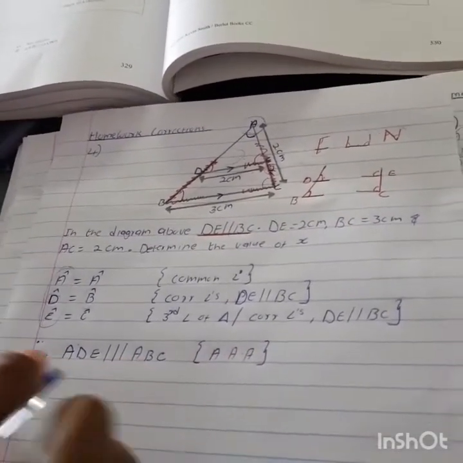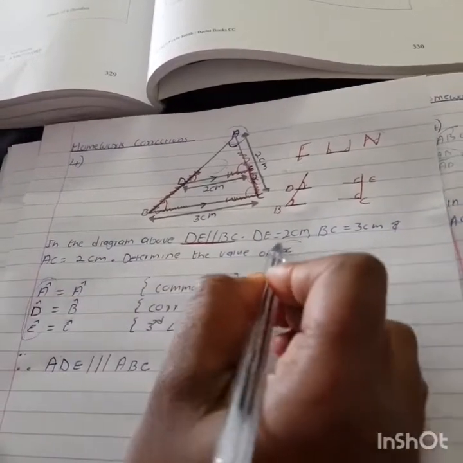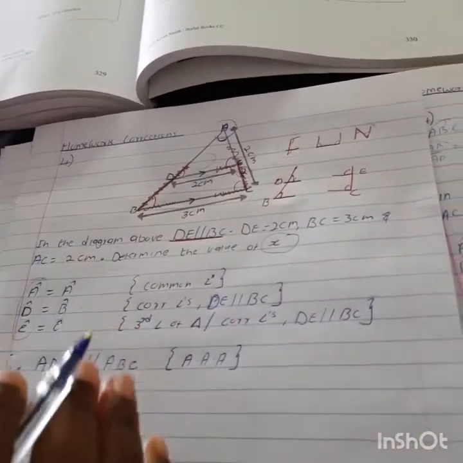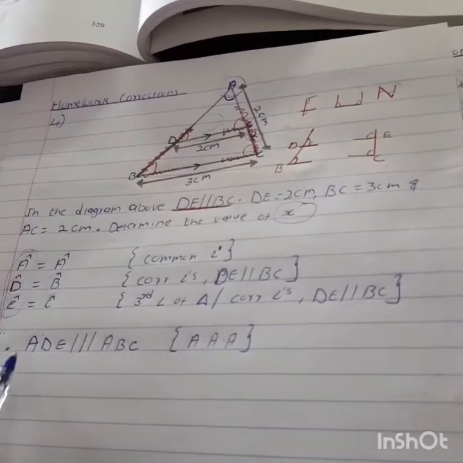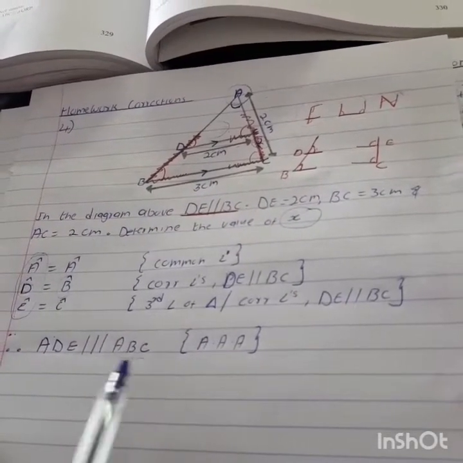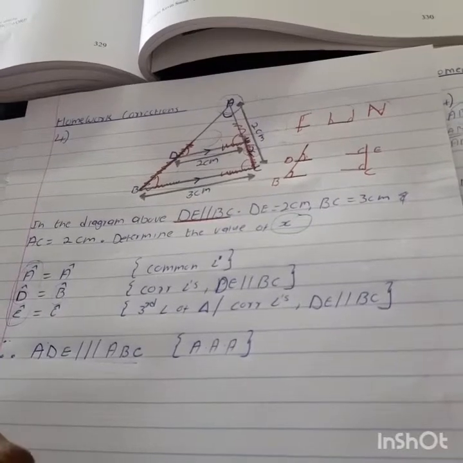Okay, so now we haven't started to find the value of x, which is the main thing we are looking for here. We had to start there so that we can find this order and the corresponding sides, so that it is easy for us.